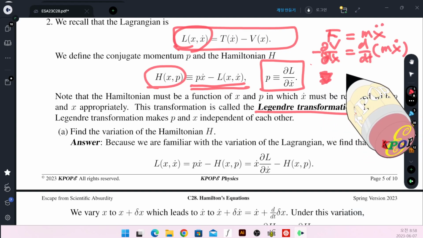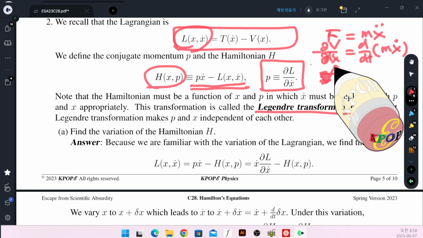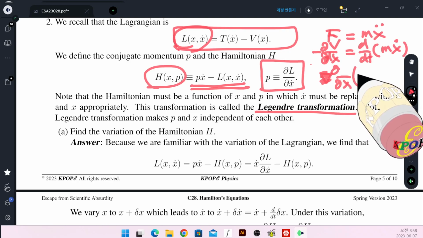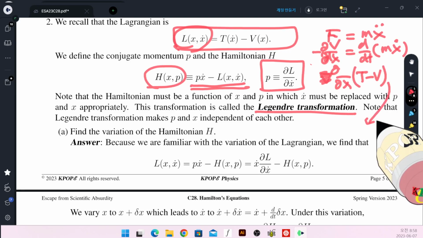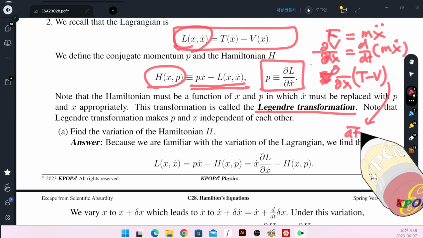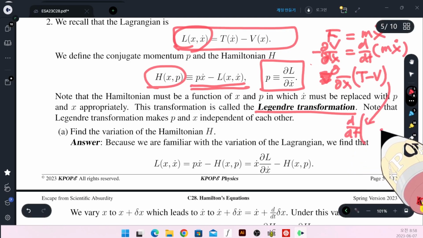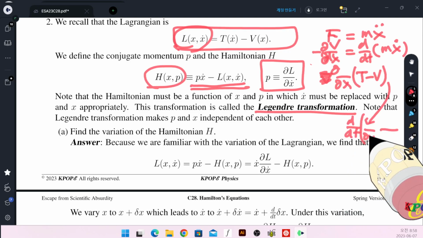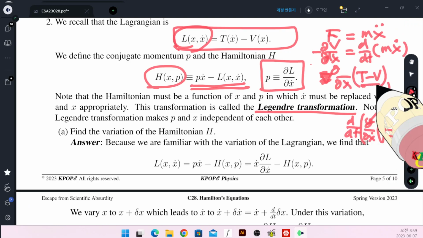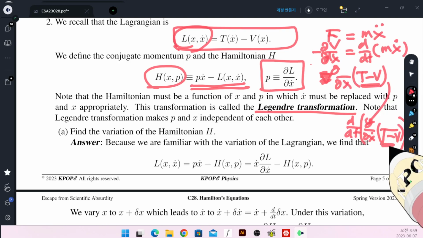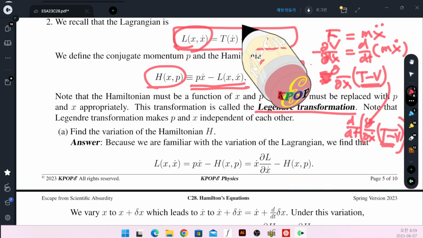So it is a derivative of kinetic energy minus potential energy. And this is the Lagrangian. The Lagrangian is T minus V.